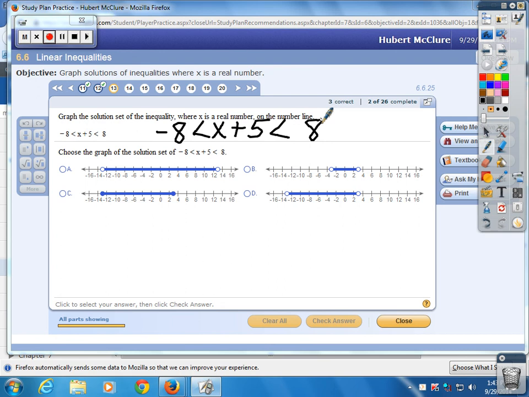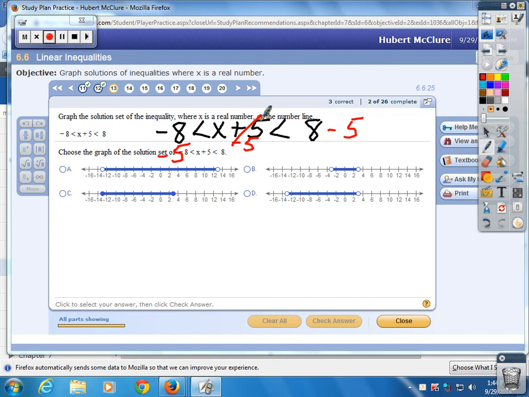Now there's only one thing you've got to get rid of, and what is that? 5. How do you get rid of a positive 5? Subtract 5. And wherever you subtract it, you have to subtract it where else? On the other side. I subtracted it from the middle, so that goes out.